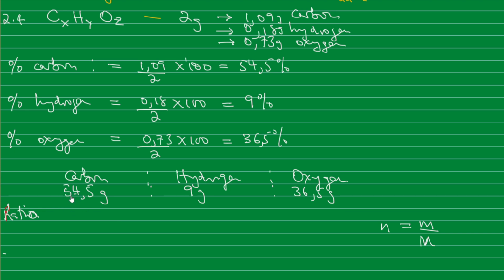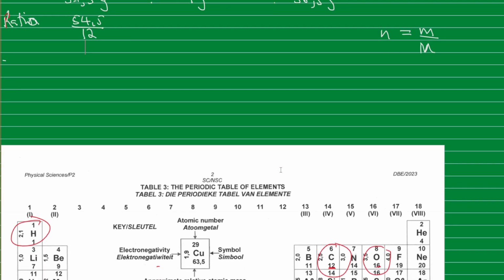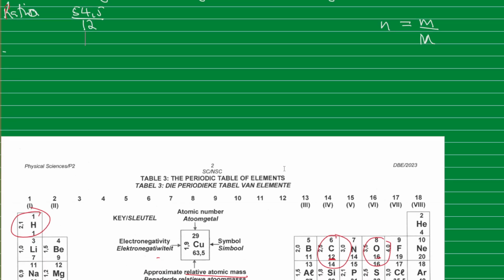So we go on to say 54.5 divided by the molar mass of carbon, which is what? 12, from the periodic table. So carbon is 12 there, so we divide.